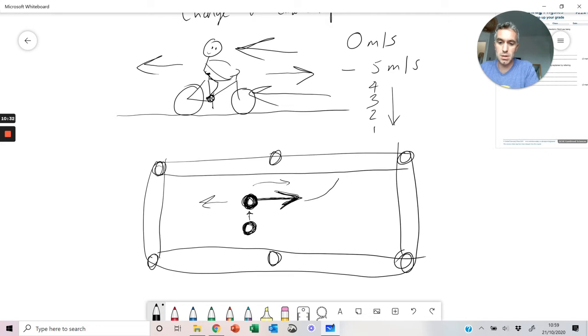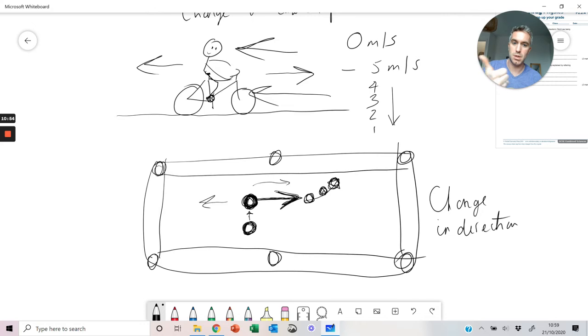It's going to cause this to start swinging round, which is a change in direction. So net force, F equals ma. If there is a force, that's the F, and it acts on an m, a mass, therefore we get an acceleration, and the acceleration can just cause a change in direction. It doesn't have to cause a change in speed.